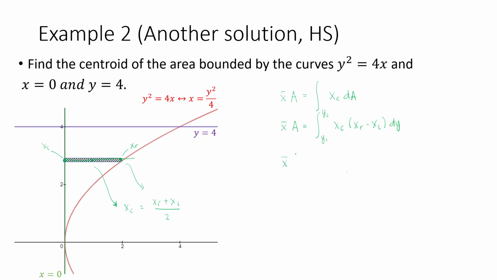So bar x times 16 over 3 is equal to x right plus x left all over 2 and then x right minus x left dy from y1 towards y2.